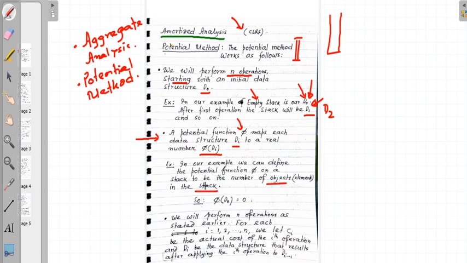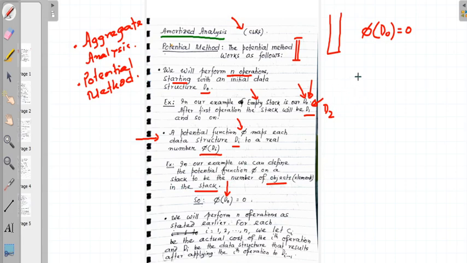So if we apply the phi function to the empty data structure D0, then phi of D0 will definitely be 0, because the phi function is counting the number of elements in the stack. That is the way we are defining the phi function here.